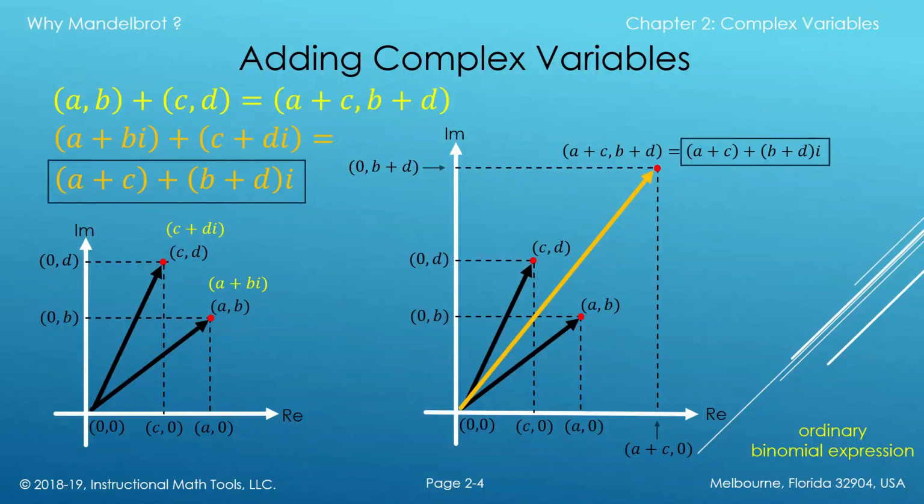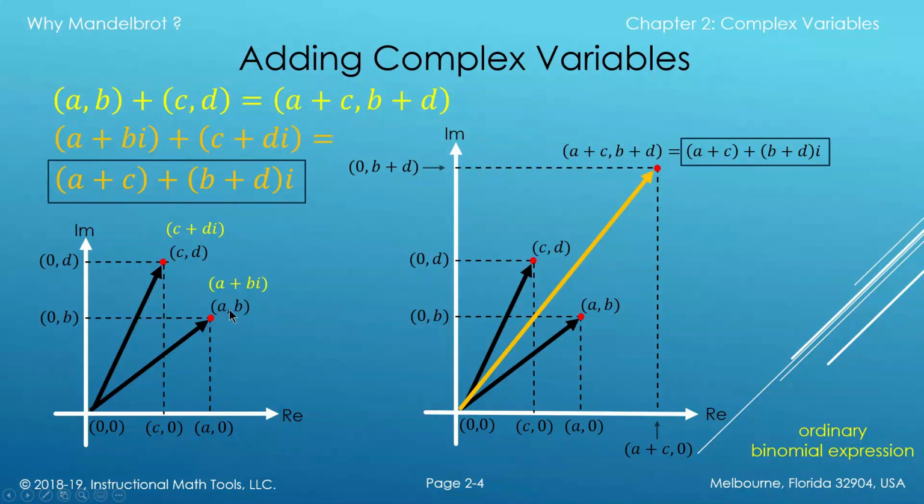This looks like a busy slide, but we'll take it slow. Let's start with the fact that we're adding complex variables. We are actually adding this plus this, or this plus this. And we're going to find out what that means. Let's start with this diagram right here. If you notice that this point here is the intersection of the real number a and the imaginary component b.